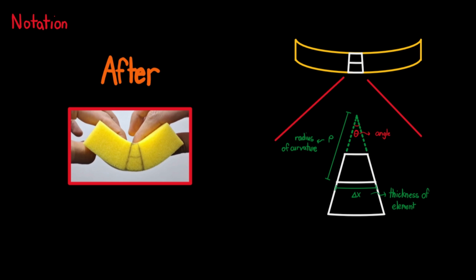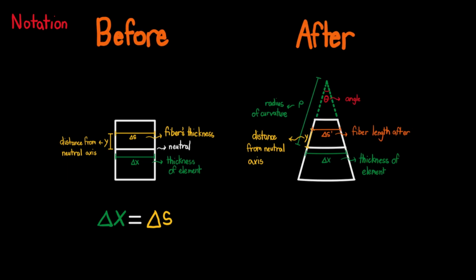Also, the distance y from the neutral axis is still the same because the vertical lines are just rotated. However, the length of that fiber at the distance y from the neutral axis has changed because it is compressed, which we will now call delta s prime. Now, we are ready to derive the fundamental equation.